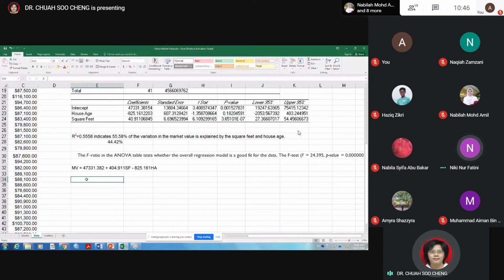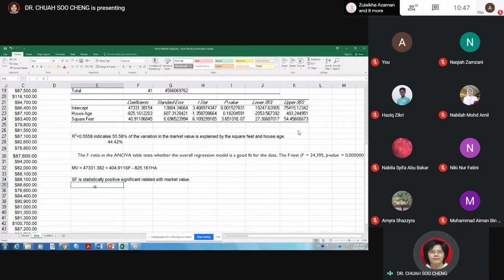So we mention that square feet is statistically positive significantly related with market value.